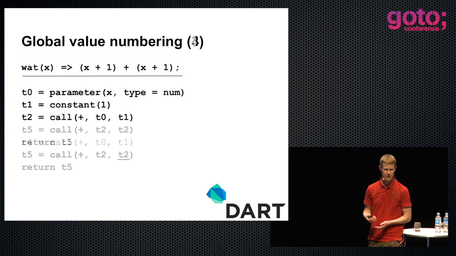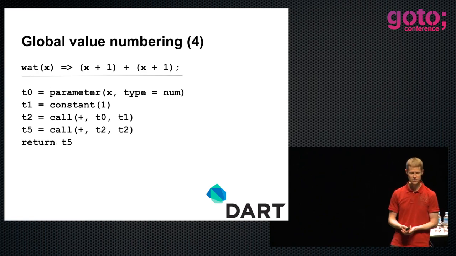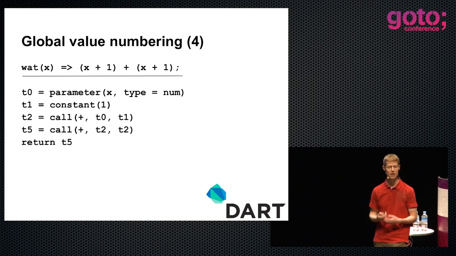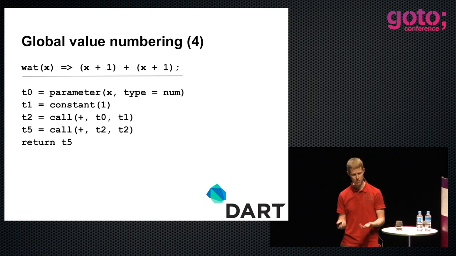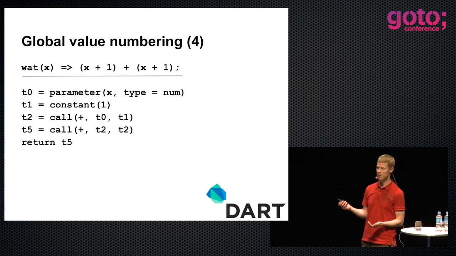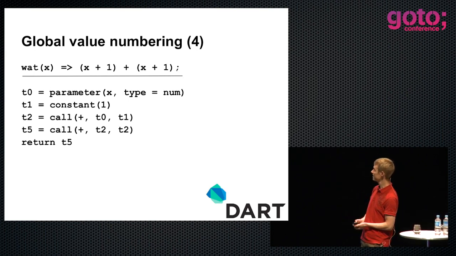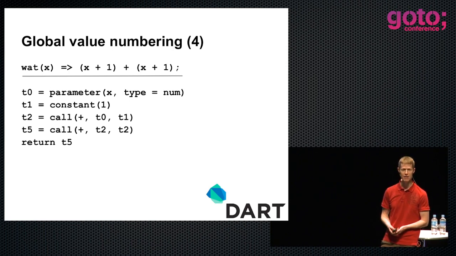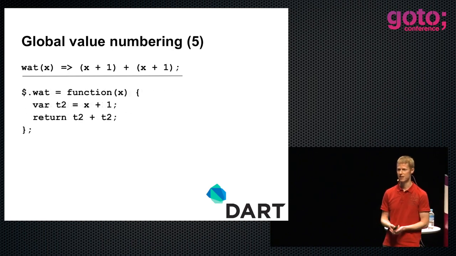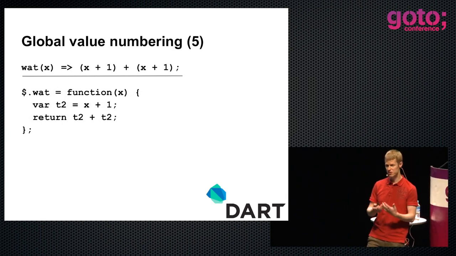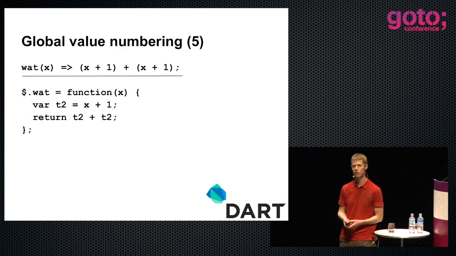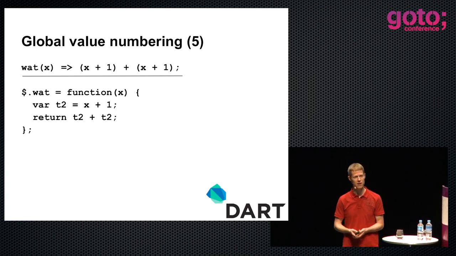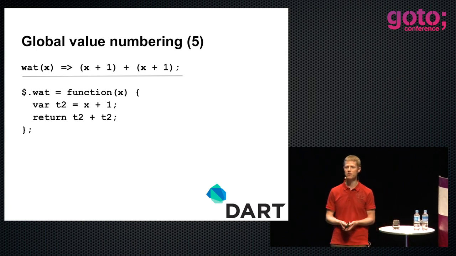That allows us to keep pushing on this and reuse the fact that T4 and T2 are now the same. They do the same operation on the same input, so you can replace one with the other. And we end up with a simpler graph that looks like this, where you're doing less computation, and at the end we can generate code that looks something like this instead. This is very simple stuff. It just shows you how you run through the graph, run through the code, realize that certain things are the same, they are equal, and you just get rid of the redundant version of it.